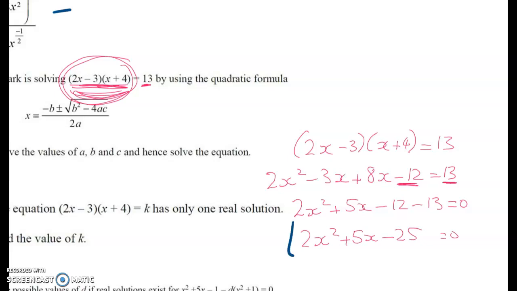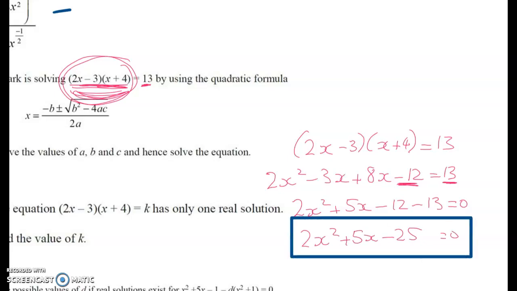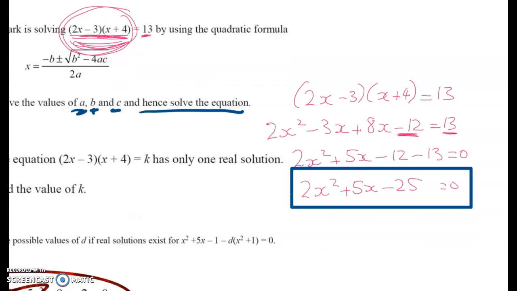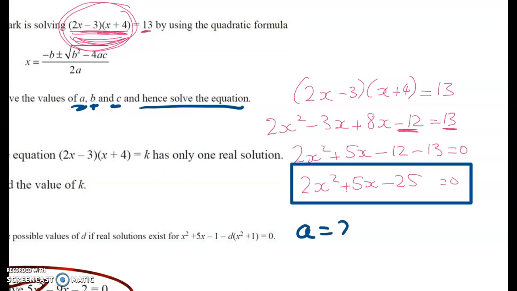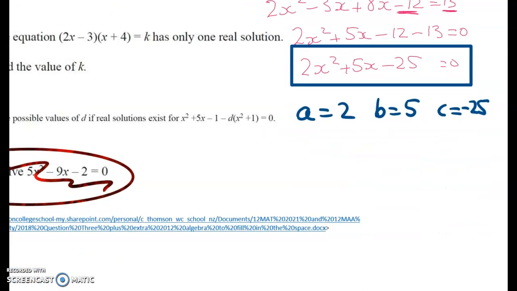So now, finally, we are in a position where we can give the values of a, b, and c, and then go on to solve the equation. So a is 2, b is 5, and c is negative 25. We're going to use the quadratic formula, but we could just do that by grouping.